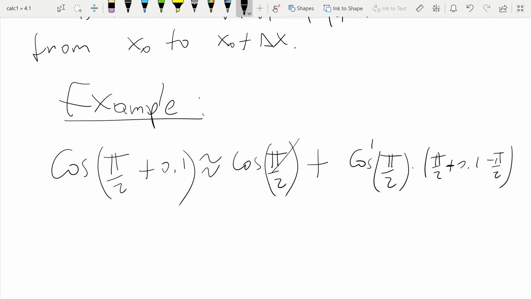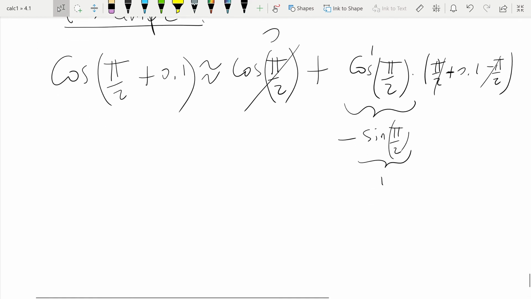And cosine of pi over 2 is equal to 0. Cosine prime is minus sine, so it's minus sine at pi over 2. And this is equal to 1. So this should be approximately equal to minus 0.1. This is the approximation provided by the linearization, or the tangent line.